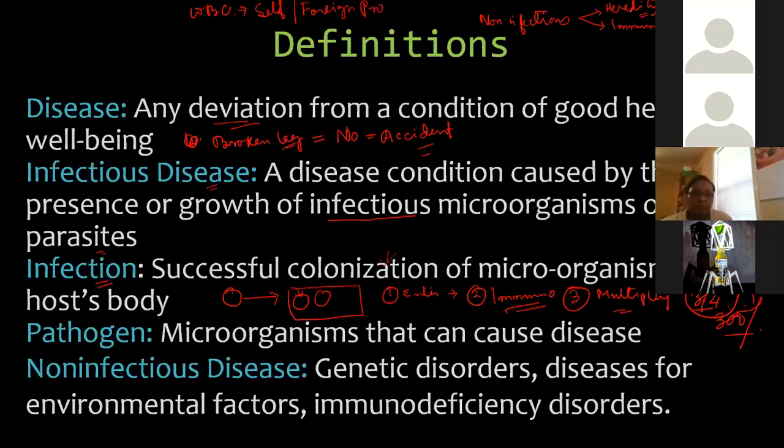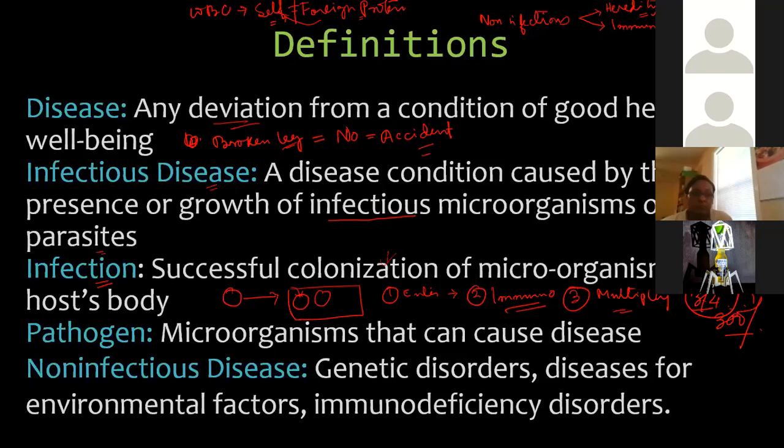Self protein means it's your own cell. When they cannot differentiate between self and foreign protein, instead of attacking the foreign cell, they actually attack your own cell, and that's how you get the allergy.